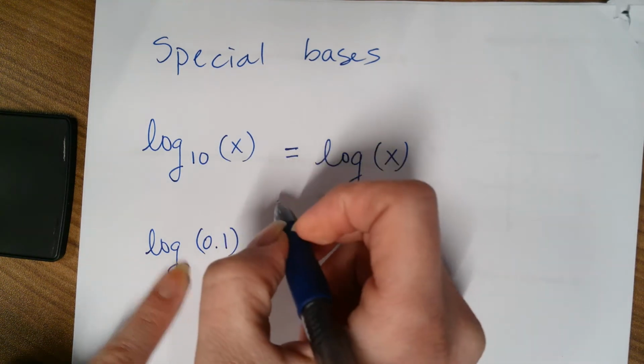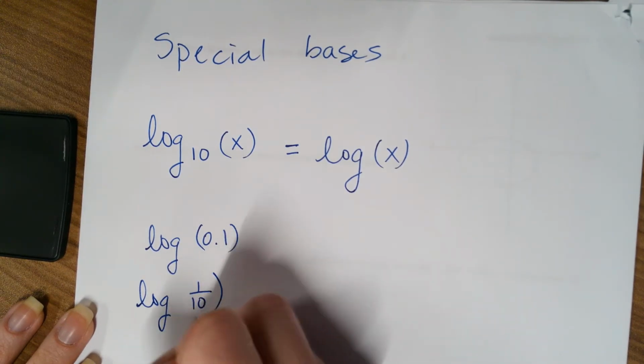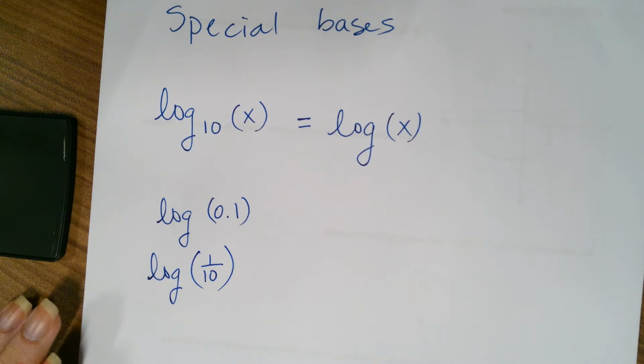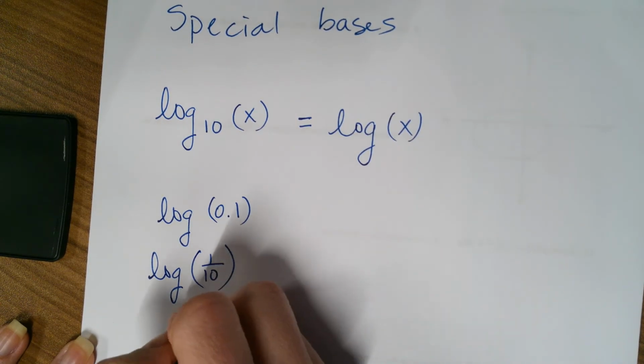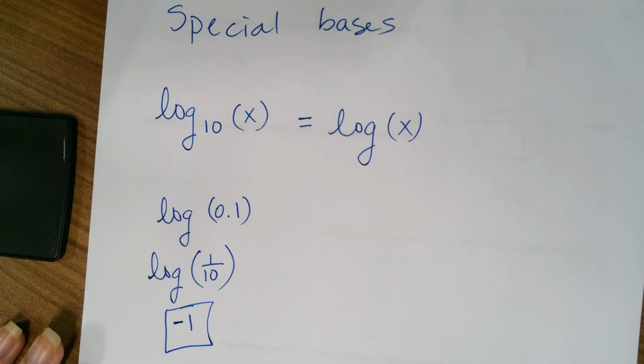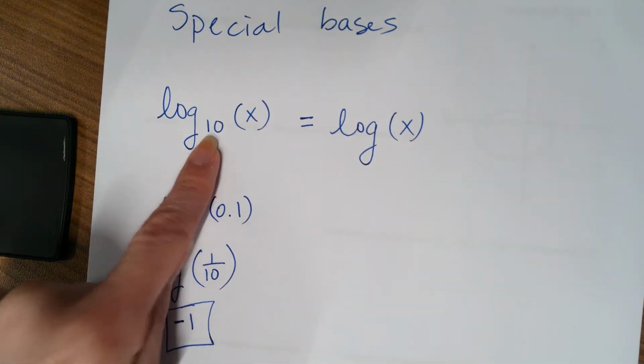We could rewrite this expression to be log of 1/10, and it may be a little clearer now. 10 to what power gives me 1/10, and like the last example, it is -1. 10 to the -1 power gives me 1/10. So there is what we call the common logarithm. If it's just log, then we know that's an implied base of 10.